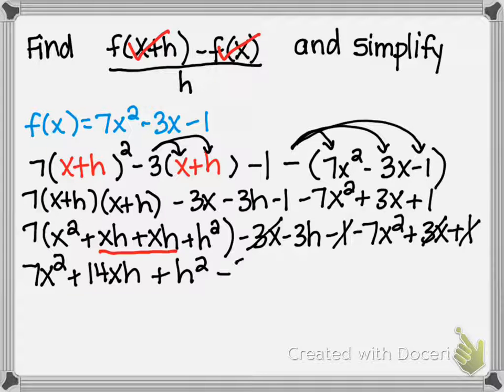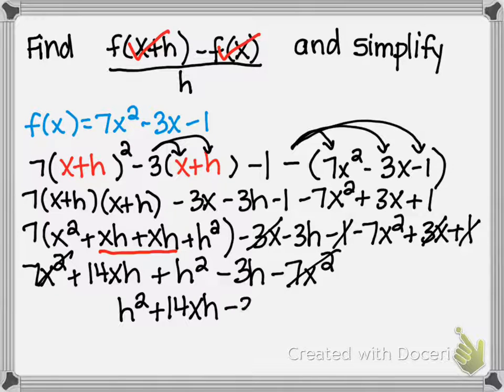And what do I have? Negative 3h left, minus 7x squared. So I should see some more things happening here. I have 7x squared and negative 7x squared. So when I get through these, I have h squared plus 14xh minus 3h.